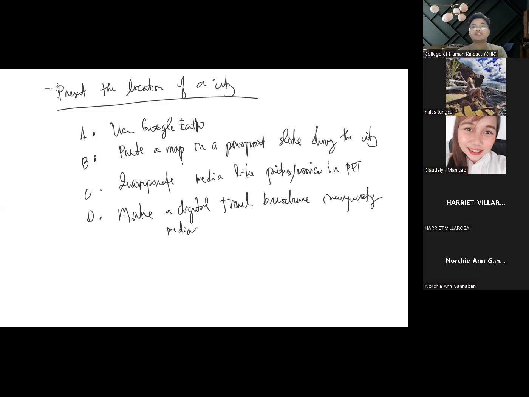Okay, so let's say these are the strategies you did. Use Google Earth, paste a map in a PowerPoint slide showing the city, incorporate media like pictures and movies in PowerPoint, and make a digital travel brochure incorporating media.